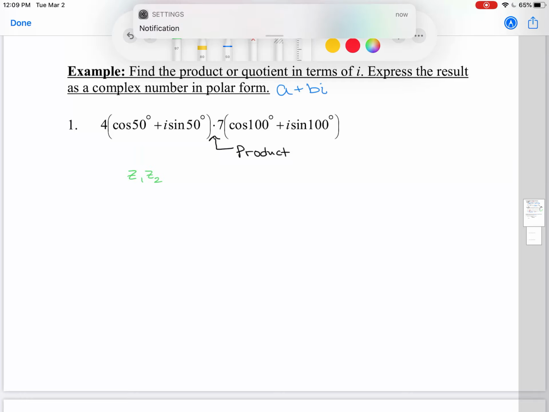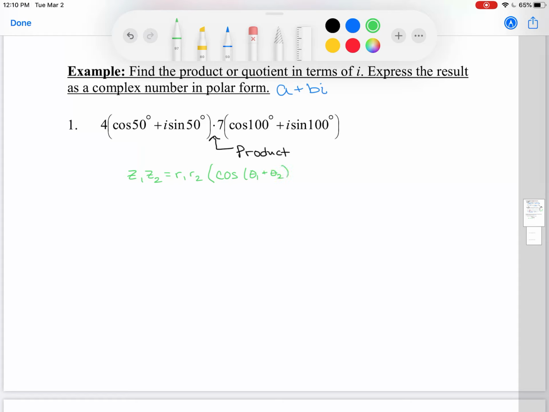it tells me, and I'll just write it here so you guys can use it as a reference, that the product of Z1 times Z2 is going to equal R1 times R2, parentheses, cosine of angle 1 plus angle 2 plus i sine of angle 1 plus angle 2.